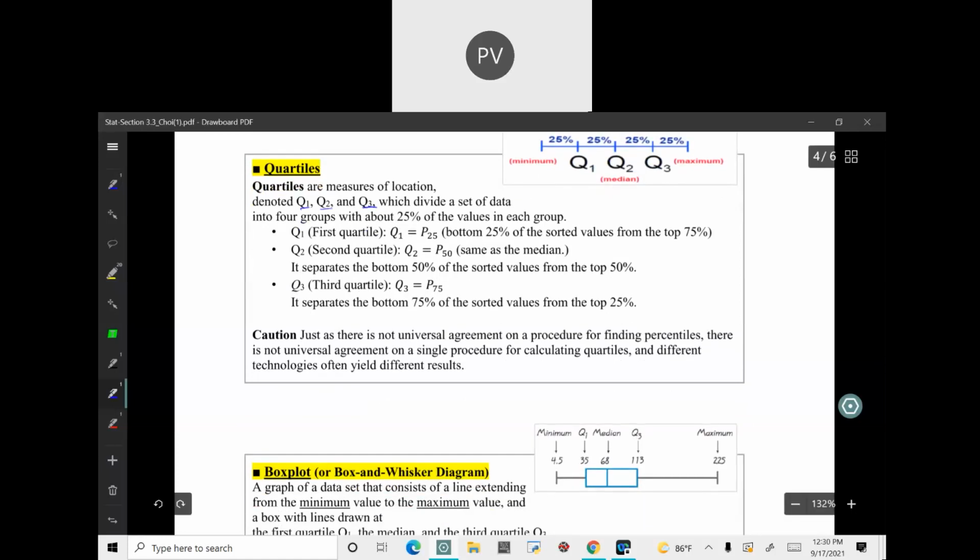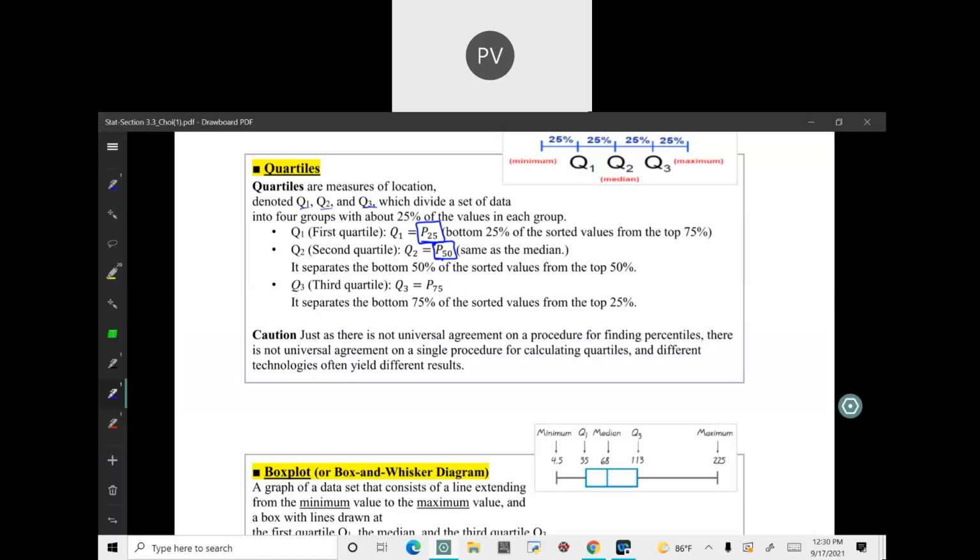Q1 is nothing but your first quartile and denoted by the 25th percentile, P25. Q2 is second quartile denoted by P50, the 50th percentile, which is the median. When I say you have 100% data value, the 50th percentile would be your median, the middle value, right? So P50, which is Q2, the second quartile, also called the median.